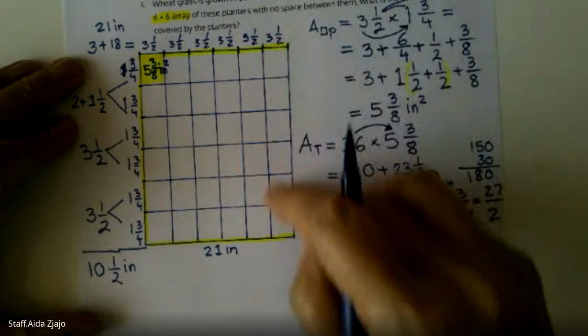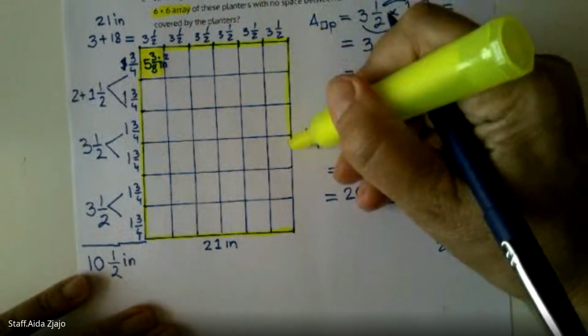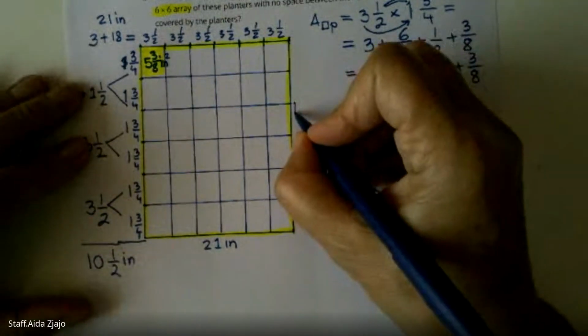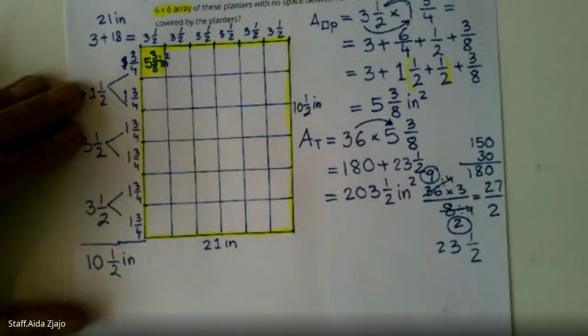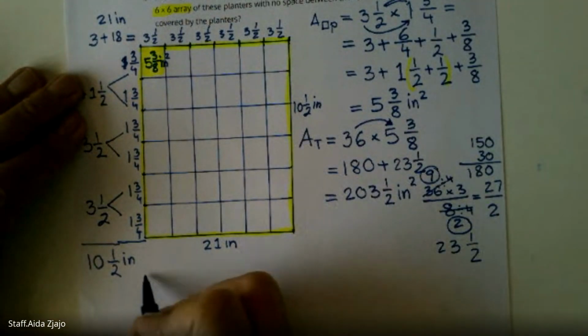So also on this side I could just write the length is 10 1/2 inches. Okay, and then let's see what the area is.